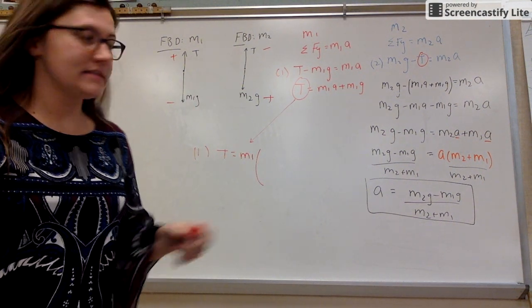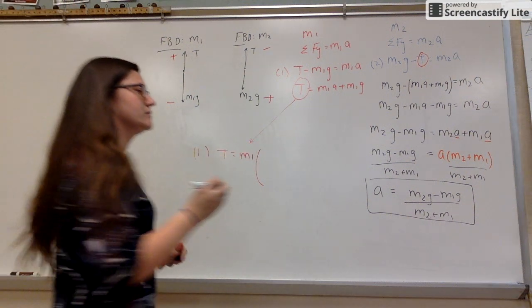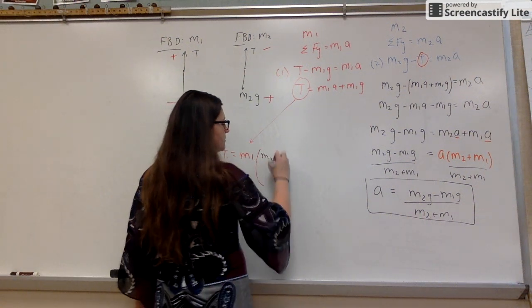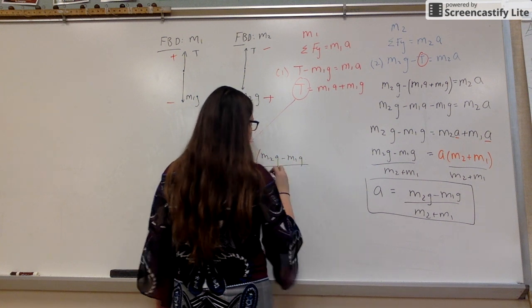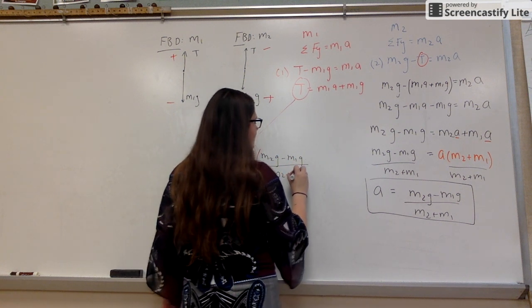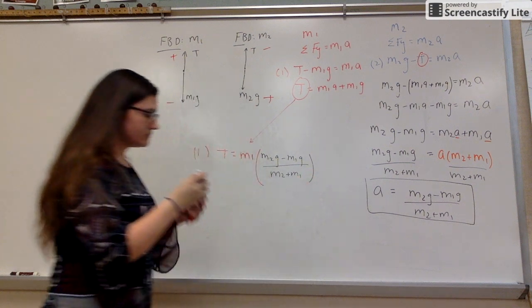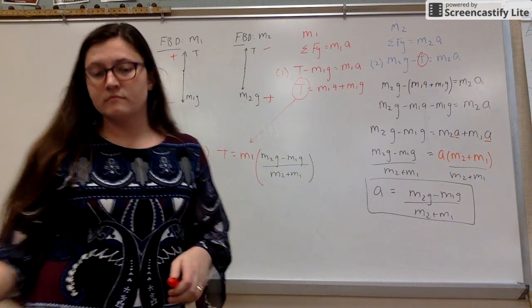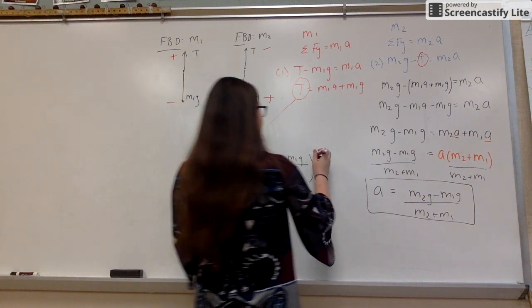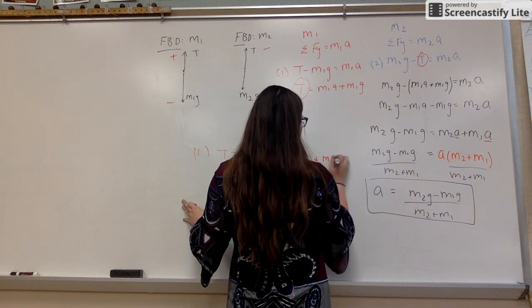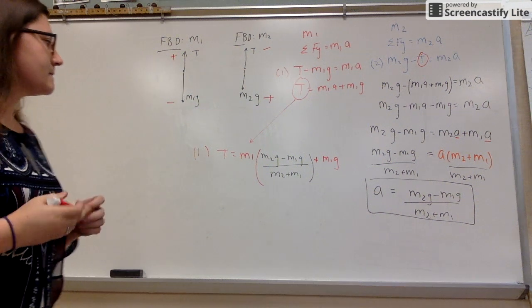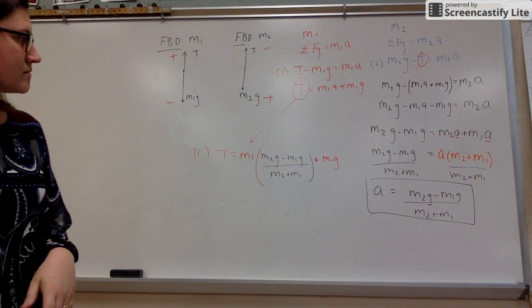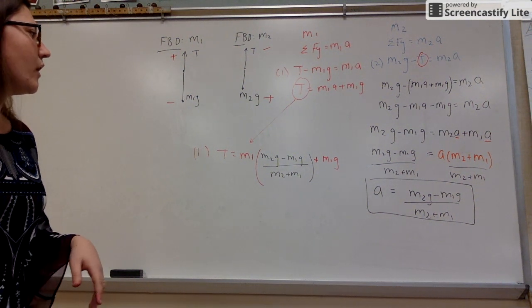So T equals M1 times A, which is M2G minus M1G divided by that sum, M2 plus M1, and then continue with our other term, M1G. So there we go.